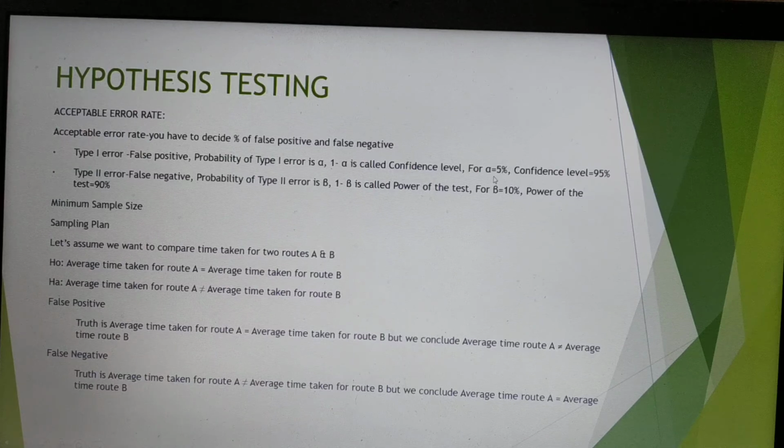For example, if alpha is equal to 5%, the confidence level would be 95%. For beta equal to 10%, power of the test would be 90%.